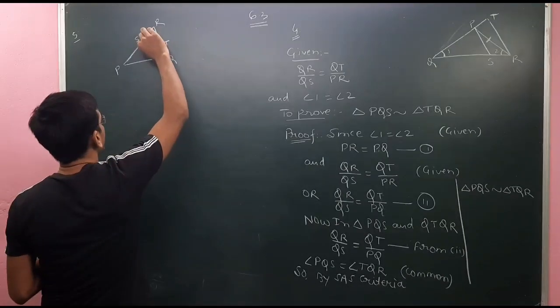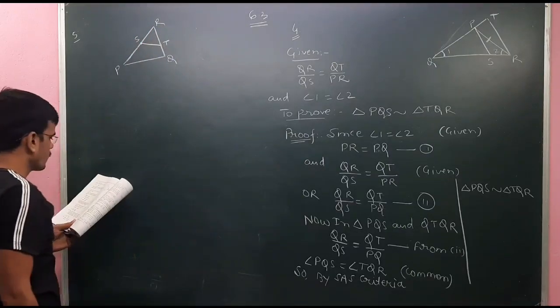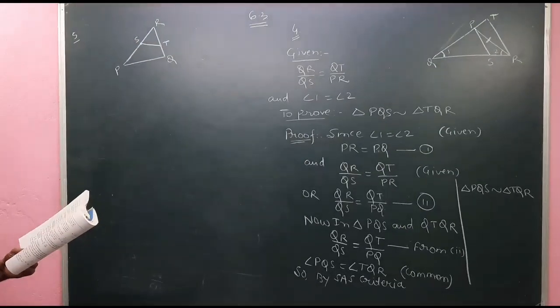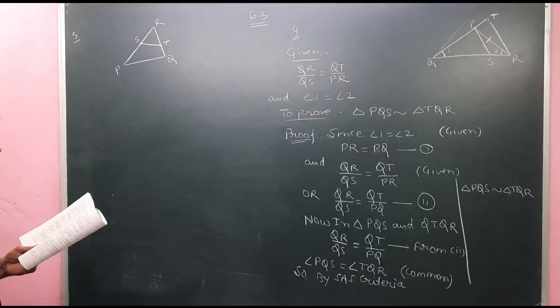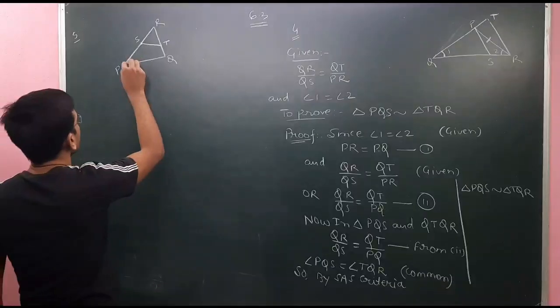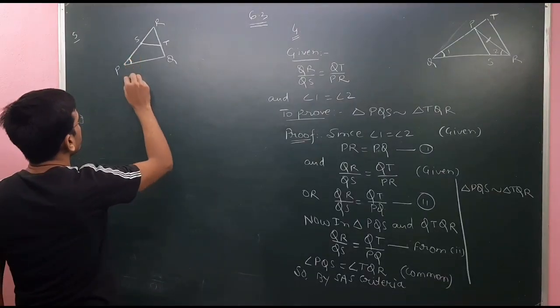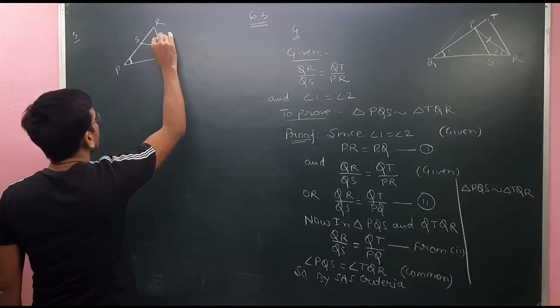Join this line such that angle P is equal to angle RTS. Angle P means this angle is equal to RTS, this angle.